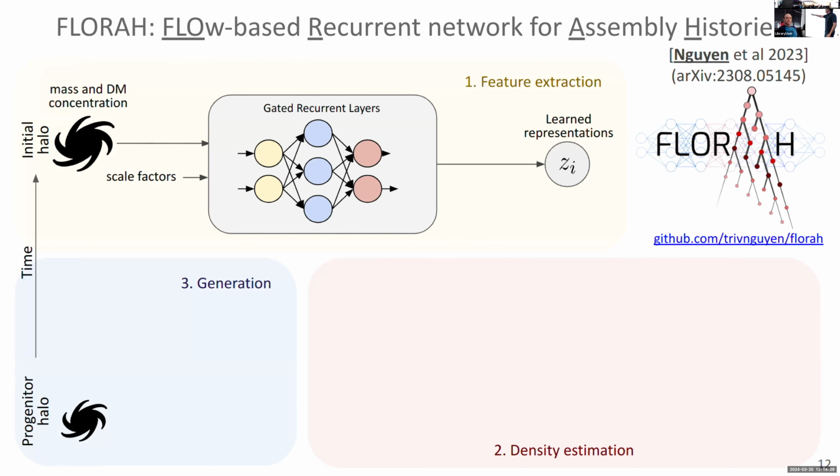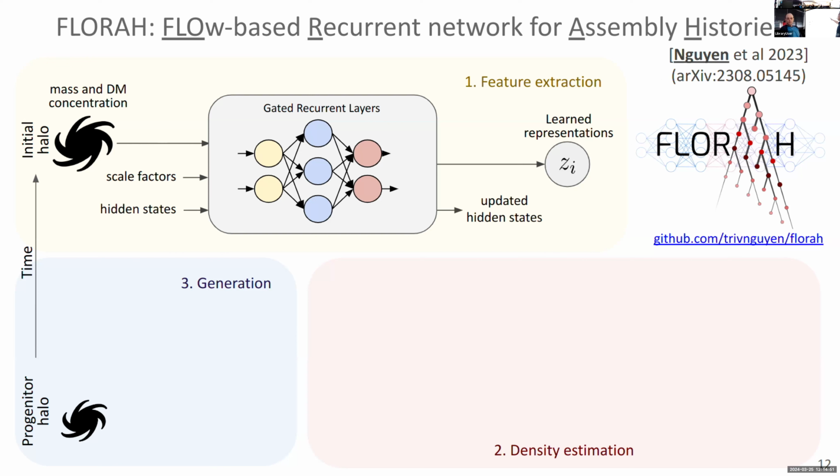You can feed this mass and dark matter concentration into a recurrent neural network as well as time, which is captured either by some kind of redshift metric or scale factors, but any kind of time will do. So combining the mass and the dark matter concentration, you feed it into the recurrent neural network.